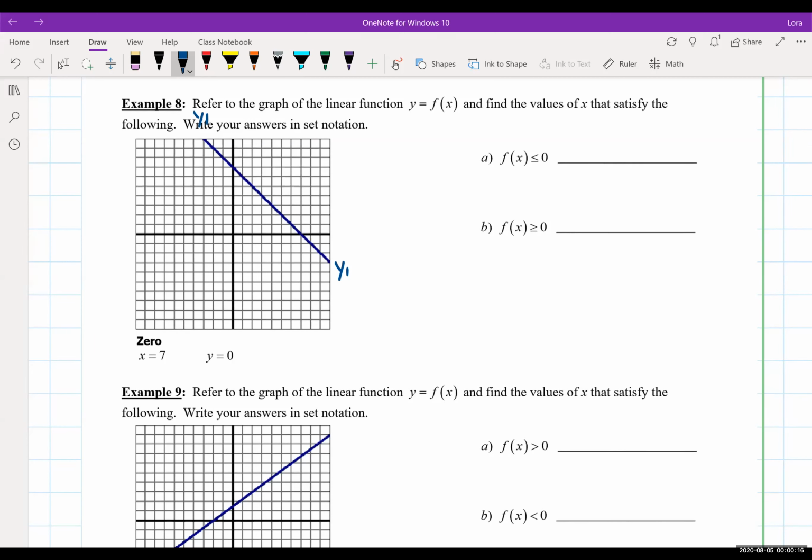But in this case, the way we refer to it, if we don't have a graphing calculator, it's really just the graph of y equals f of x. So you can either refer to that as f of x, or you can refer to it as a y value. So if I look at part A, we're looking for when is y less than or equal to 0. And part B, another way to say f of x, when is y greater than or equal to 0.